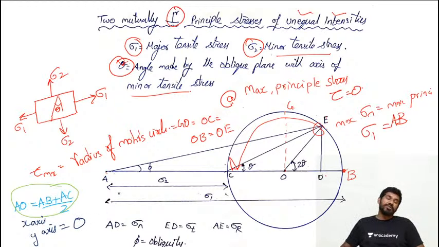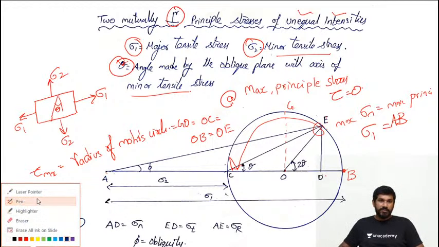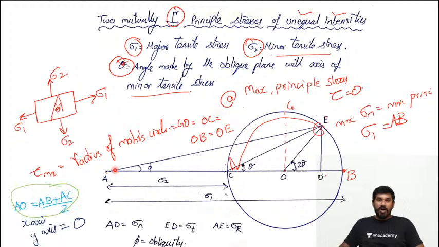The y-axis should always be 0. What is the meaning of 0? Always the center of the Mohr circle lies on the horizontal axis. Please remember it. Most important thing here, always the center of the Mohr circle, that is O, lies on the AB only.